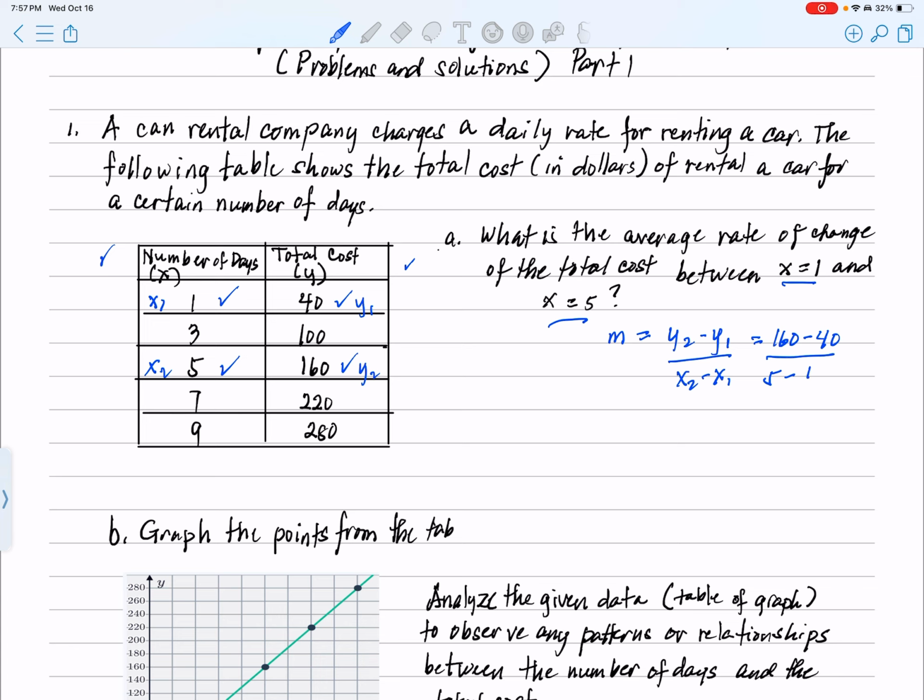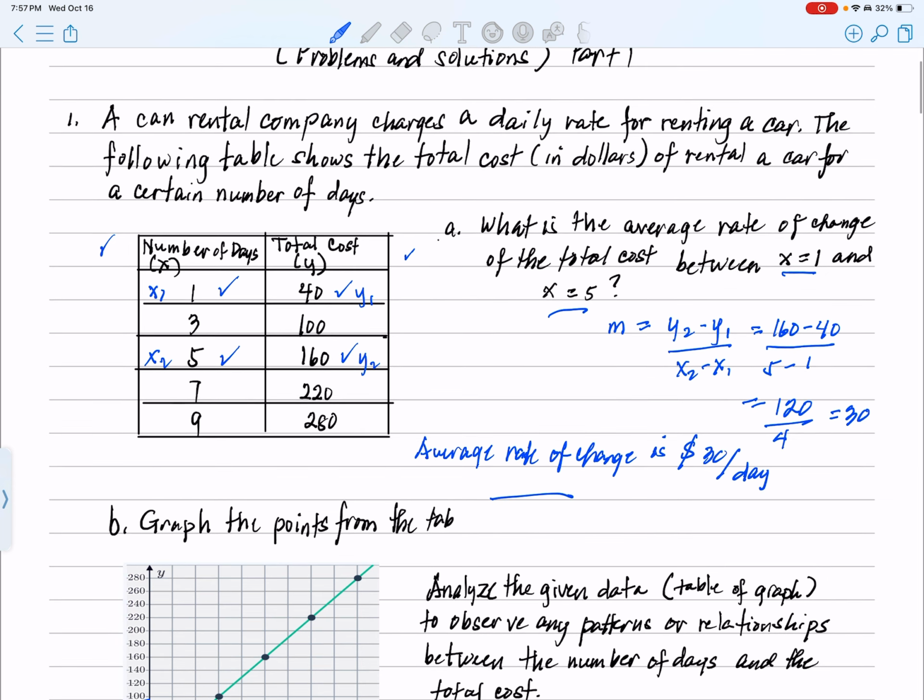So we have 160 minus 40, that's 120, over 4, you have 30. So that means that the average rate of change is $30 per day. Okay, this answers the first question.